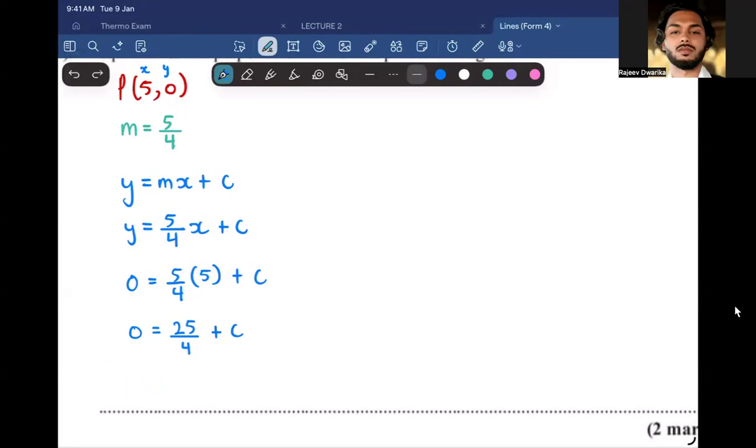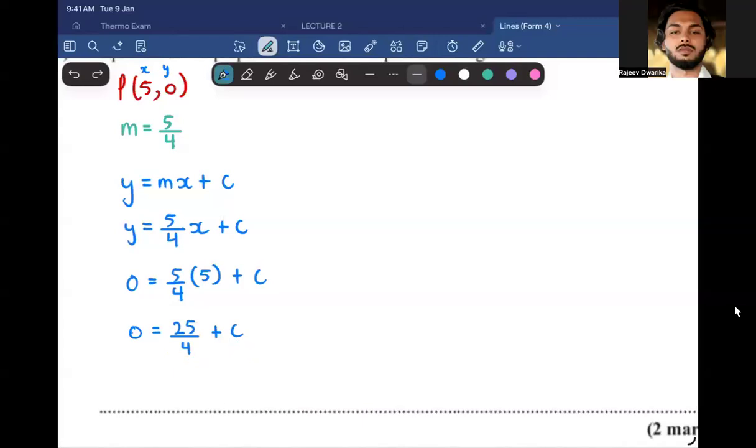Minus 25 over 4 is the correct answer. There are two ways you could look at this. If you want to find something, it should be the only thing on that side. Right now we have 25 over 4 and we have c. We are trying to find c, so c should be the only thing on this side.